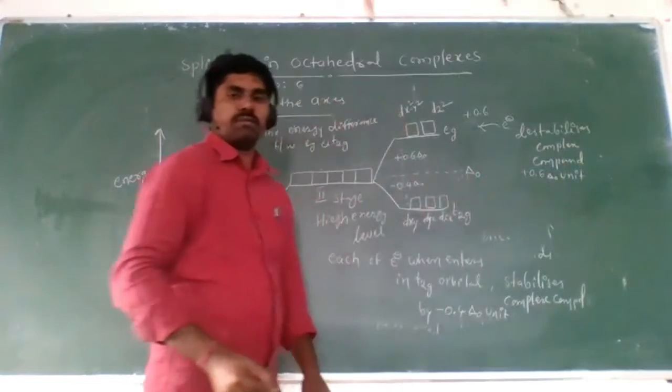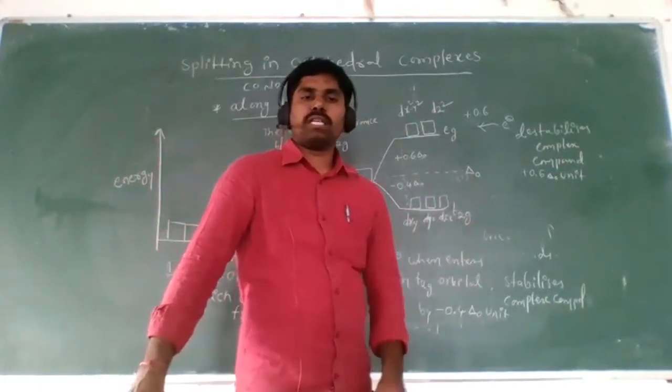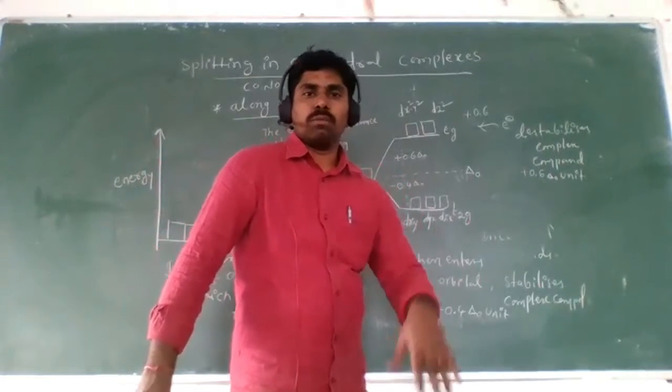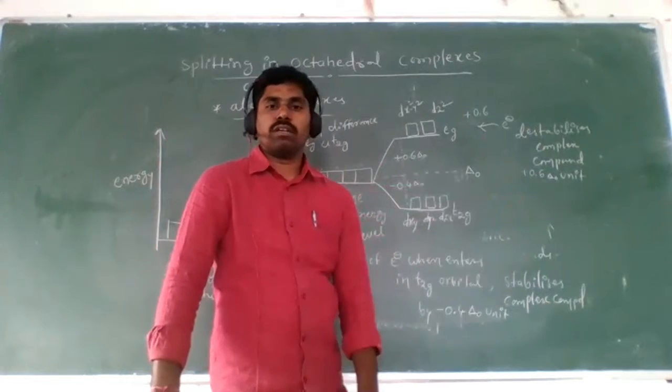So if an electron enters the Eg orbital, the complex compound is destabilized by 0.6 delta naught units.